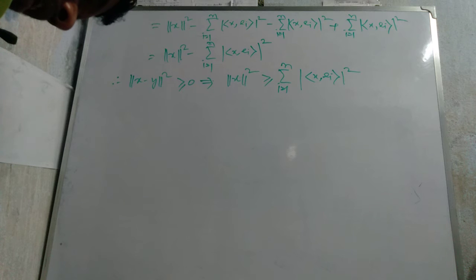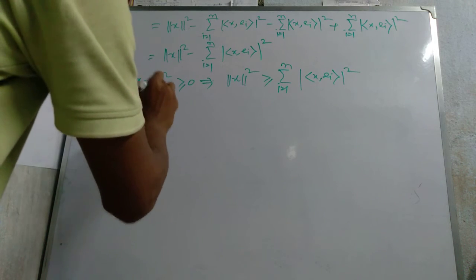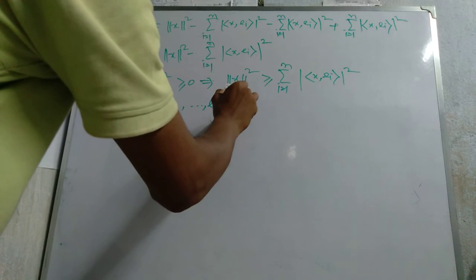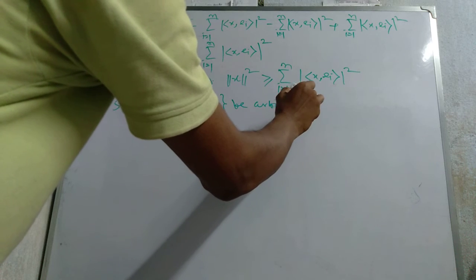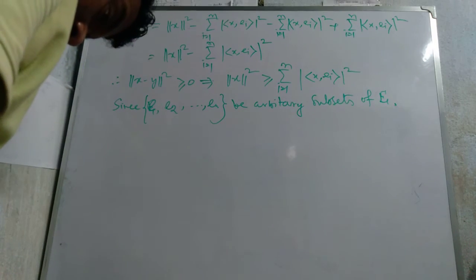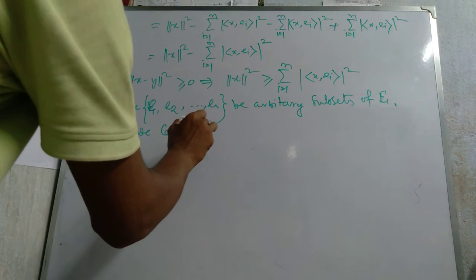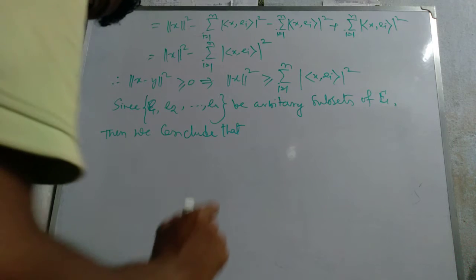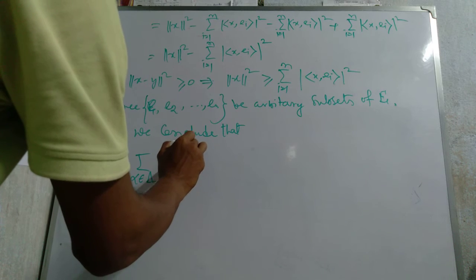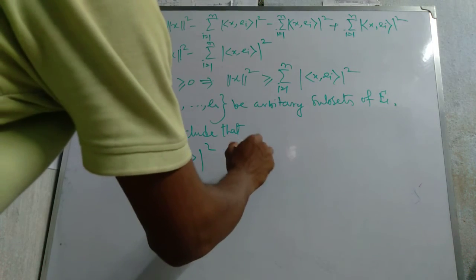Since E1, E2, ..., En are an arbitrary subset of E, then we conclude that the summation of this alpha i squared is less than or equal to the norm of x squared.